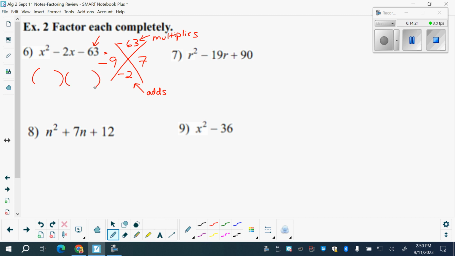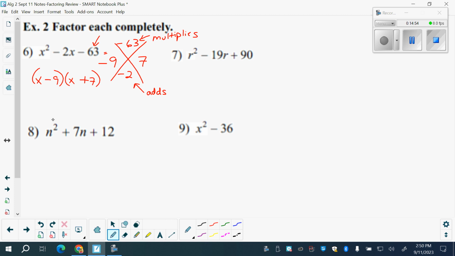So we're going to put a negative 9, positive 7, because this is assumed to be a positive, and then x times what gives us x squared? Yes, x times x. So this is an x here. So this is fully factored.